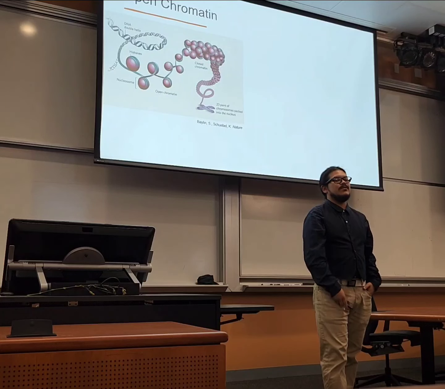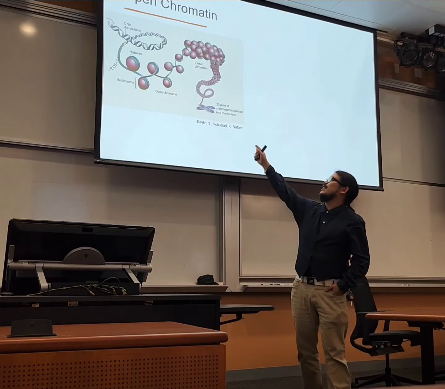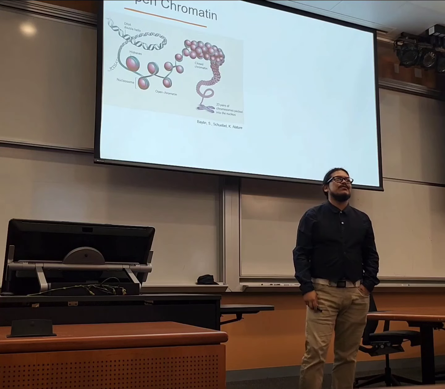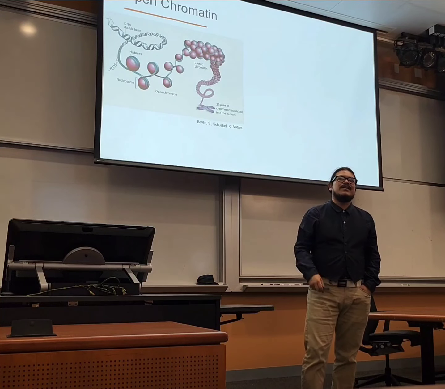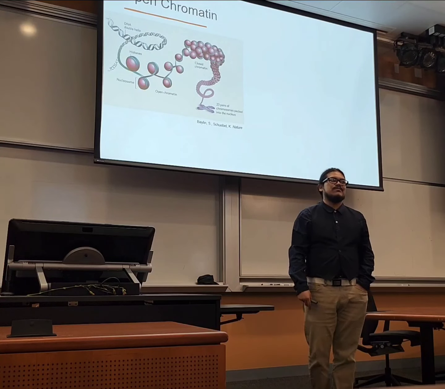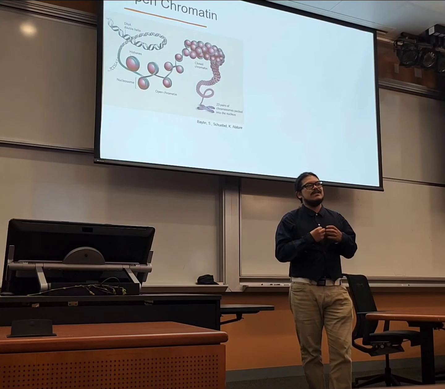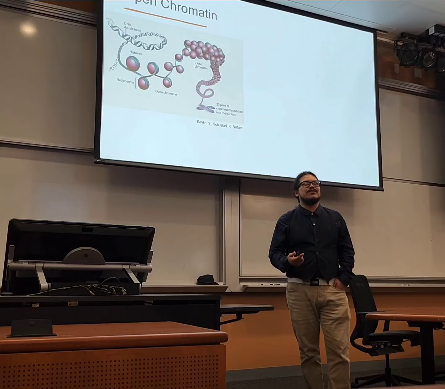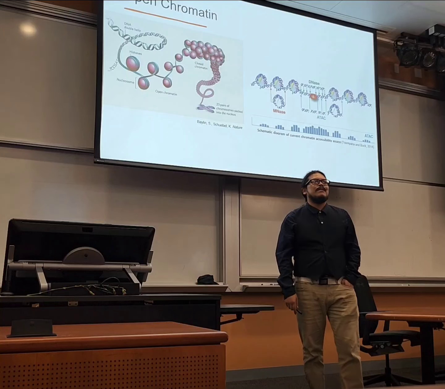The areas where it's loosely packed in this picture are the open chromatin, and that's what we were looking at because it's believed that genetic variation occurs in open chromatin. When it's packed tightly, it's kind of locked away and set, but when it's open, we have an opportunity for variation to occur.